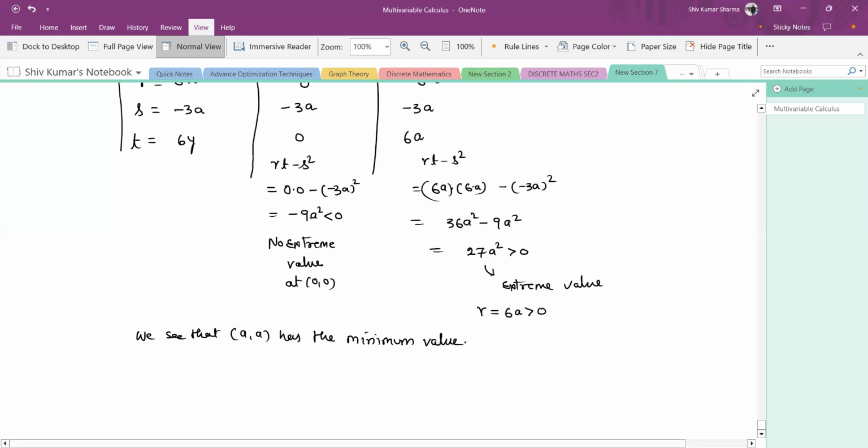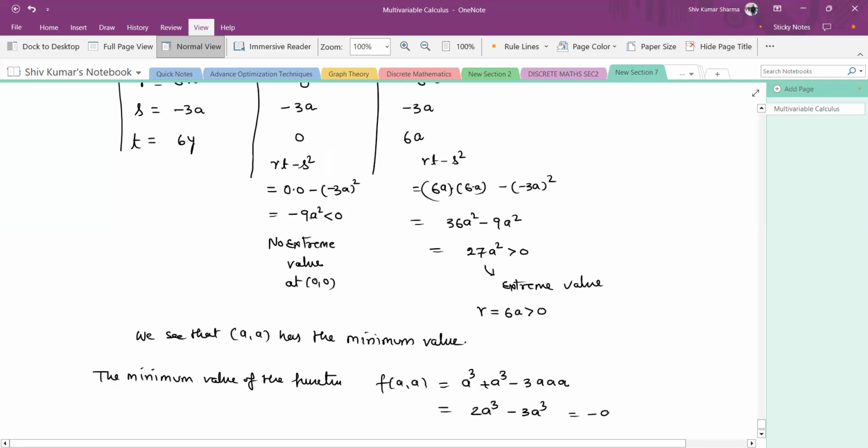We now calculate the minimum value of the function. f(a, a) is equal to a cube plus a cube minus 3a x y, so 2a cube minus 3a cube gives us minus a cube.